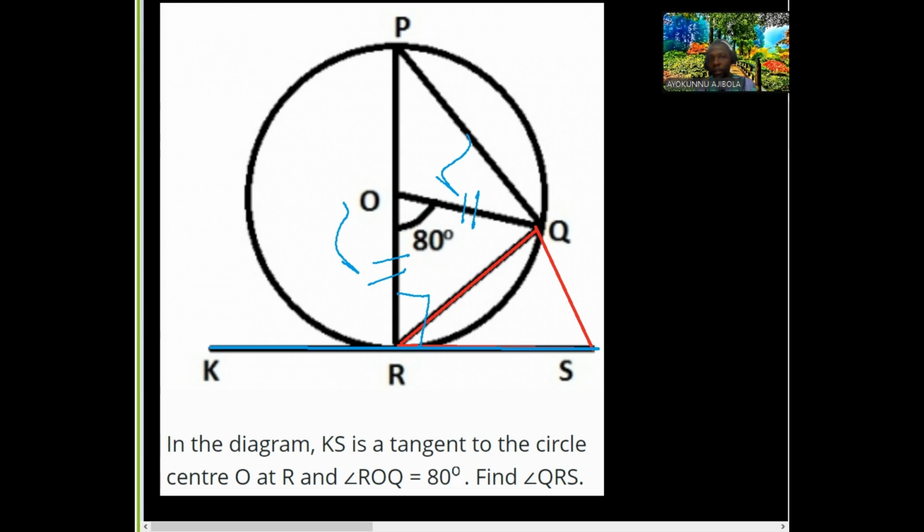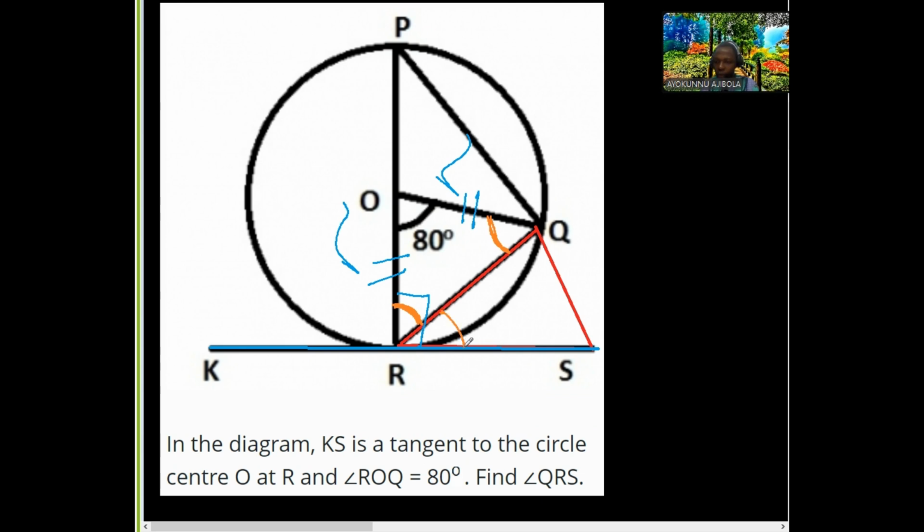Which means the base angles must be equal. We cut the angle into two. One part is at the top here, one part is at the bottom here, and the part at the bottom is what we're looking for, but the two of them must make 90, okay?